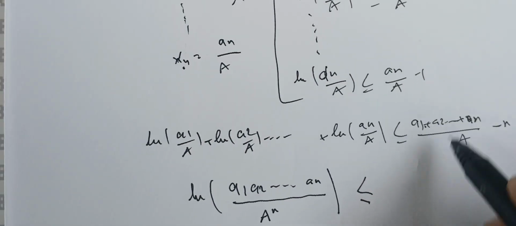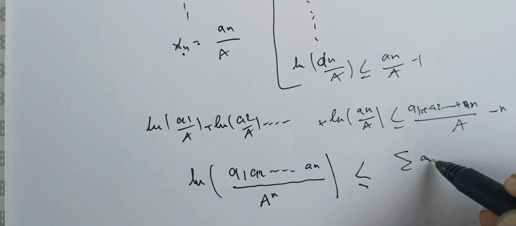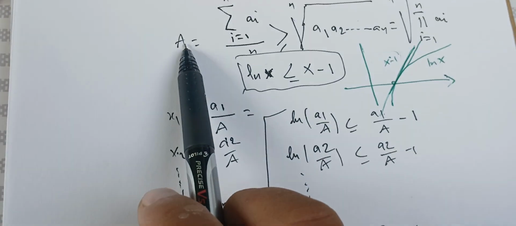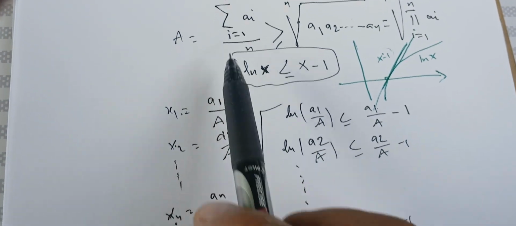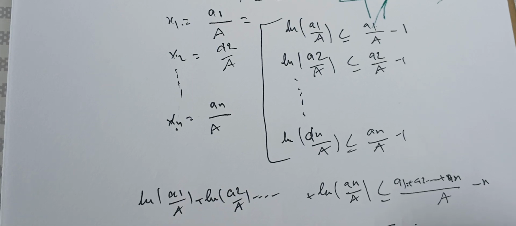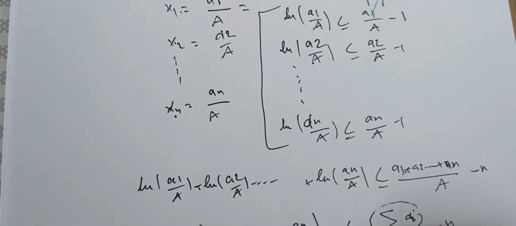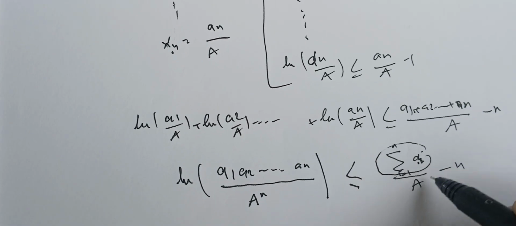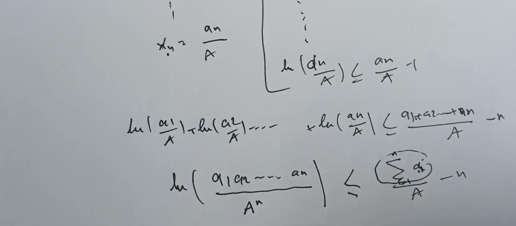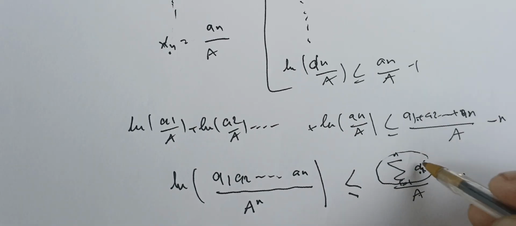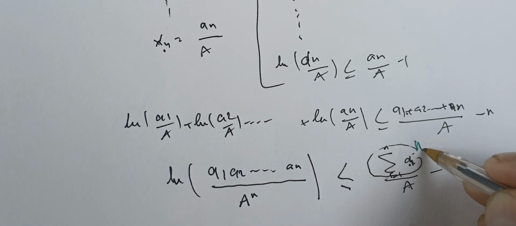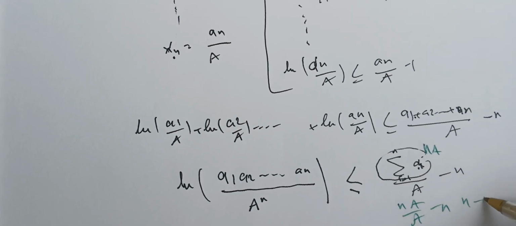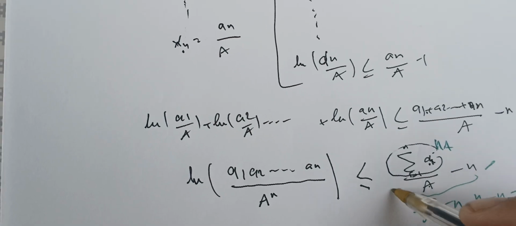Here I can rewrite this one as the sum of Ai over A minus n. And remembering that A is the arithmetic mean, this sum here, i going from 1 to n, is just nA. This is just nA over A minus n. Let me write it here to make it clear. So nA over A minus n, it's n minus n, which is 0. So this one here is just 0.